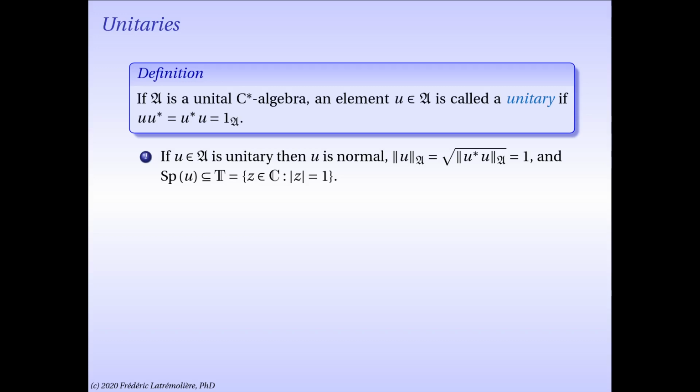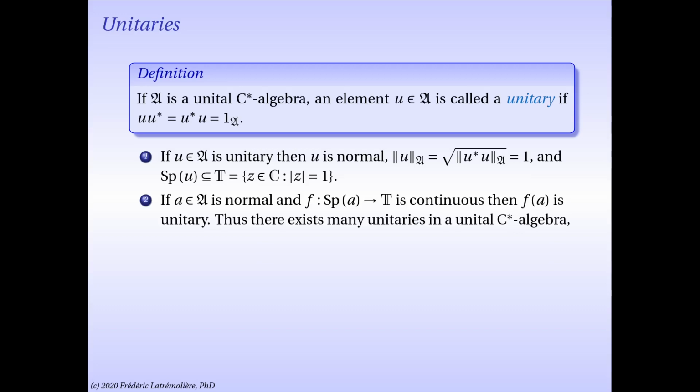It's easy to also check, again using the same properties of the Gelfand transform, that if you have a normal element whose spectrum is a subset of the unit circle, then it is in fact a unitary. That characterizes among all the normal elements which ones are unitary. A consequence is that you can actually make a lot of unitaries in a unital C-star algebra, because if you take a normal element A and apply to it a function whose range is a subset of the trigonometric circle, and that function is continuous on the spectrum of A, whatever that is, then f of A is unitary, because it's normal and, as we have seen, has the spectrum that it needs to have for this conclusion to hold.